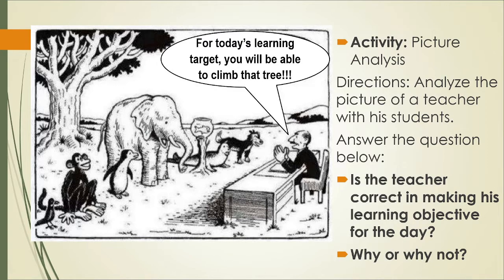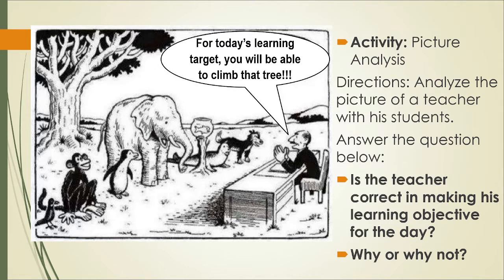Right? So, it's very, very important that when you make learning objectives, it should be attainable. You should consider what kind of students you have. For example, if you're teaching grade school students, like elementary students, and your objective is teaching calculus, and they don't have any prerequisite knowledge about analytic geometry, will they be able to learn calculus?